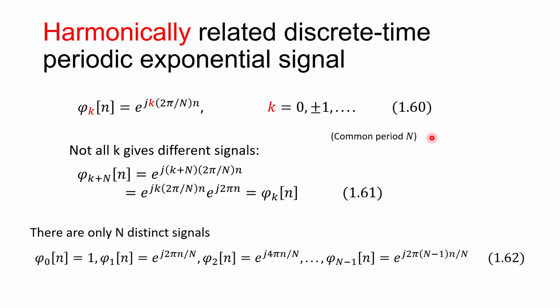So the common period here is big N. So everything will look like e to the j 2 pi divided by big N times small n. Okay. But there are more possibilities than just j 2 pi. If you call this omega 0, then there are more possibilities than just j omega 0 n, because your complex exponentials can have smaller period.